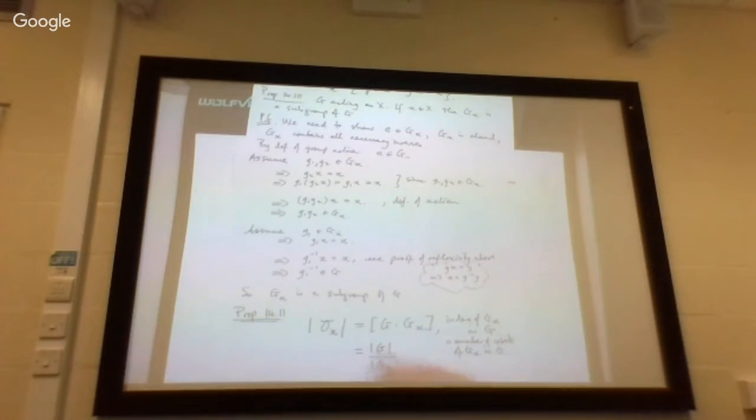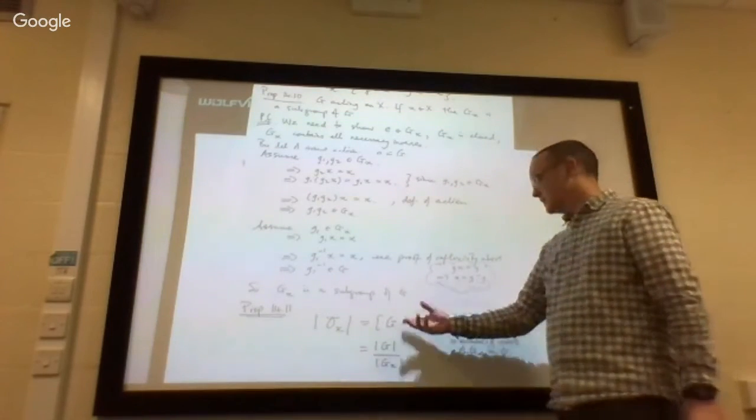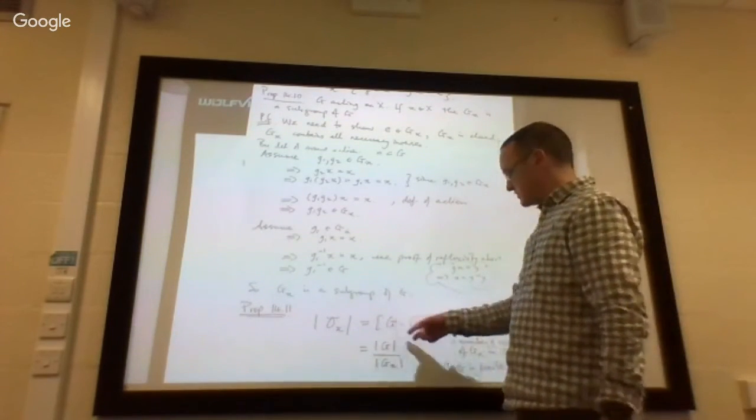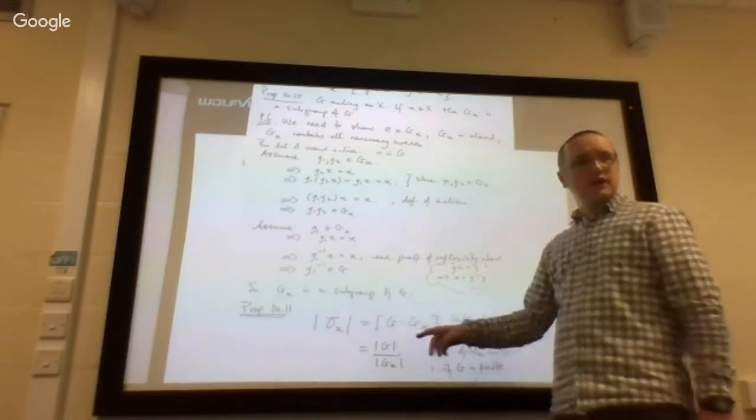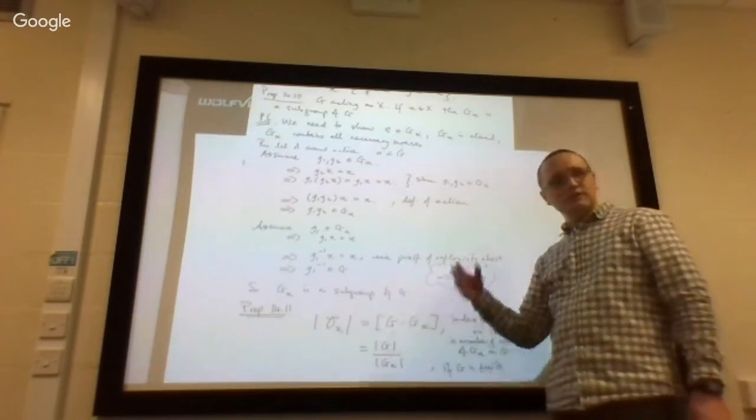But it only makes sense to talk about that ratio if G is finite. You can still talk about the index of a subgroup, even in the case of infinite groups. If the group G is infinite, it could still be that the index of a subgroup is finite.